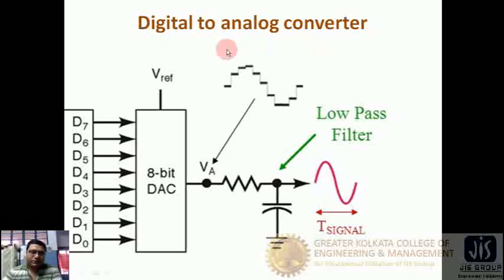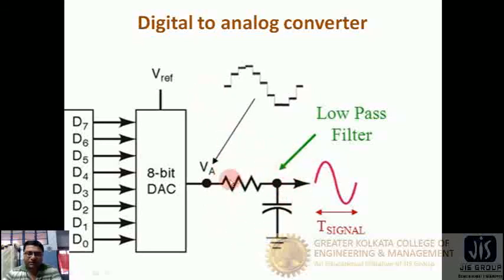So the parallel digital signals are converted with the help of an 8-bit DAC, that means digital to analog converter, and we get a signal like this, with certain levels, and this signal is shaped with the help of a low pass filter.